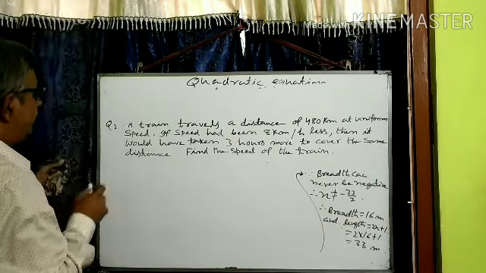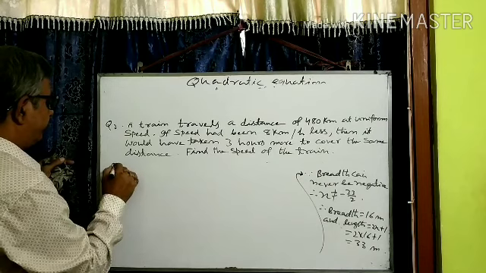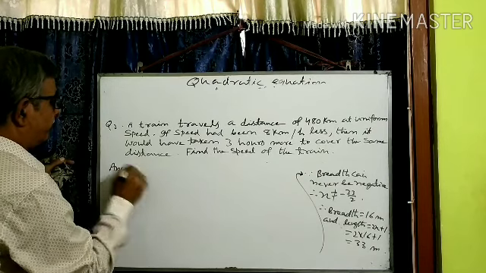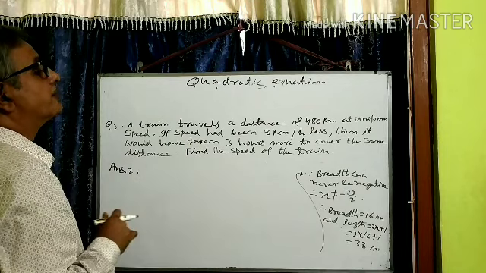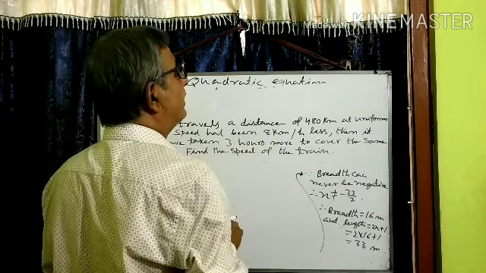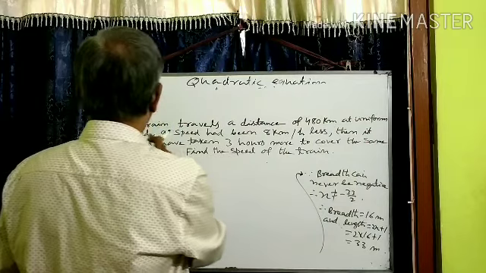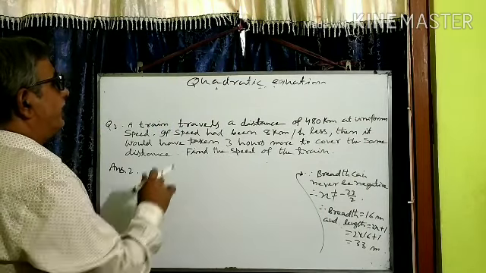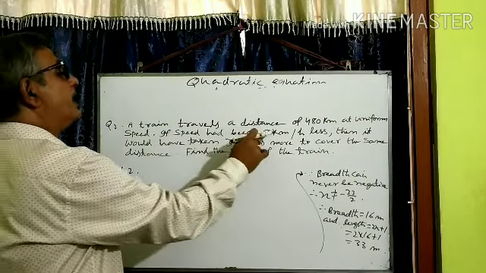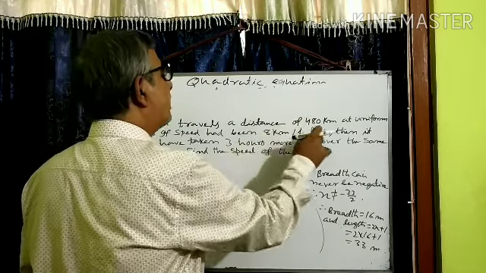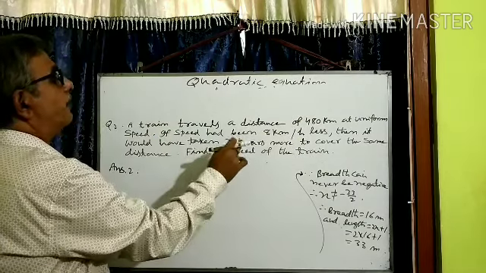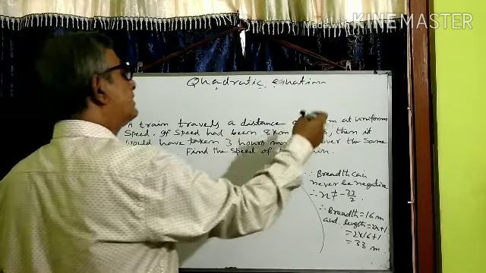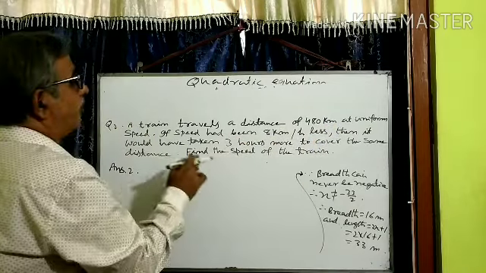Question number 2: a train travels a distance of 480 km at uniform speed. If the speed had been 8 km per hour less, then it would have taken 3 hours more to cover the same distance. Find the speed of the train.